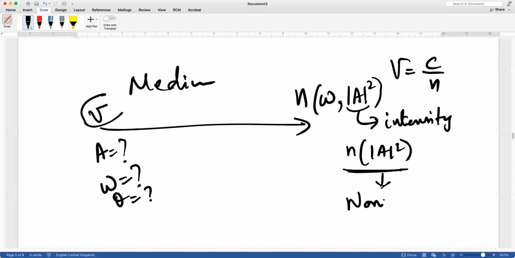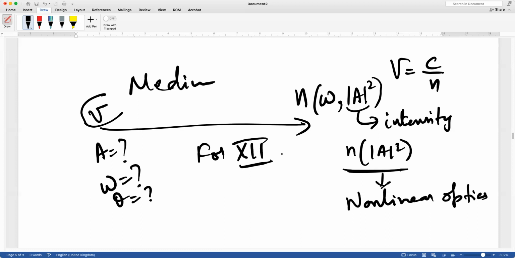I just want to give an idea, nonlinear optics, but in the A level, I mean the 12th standard, I don't think they will go there, because you are not studying any laser light propagating in a medium. But let's stop that for 12th standard.